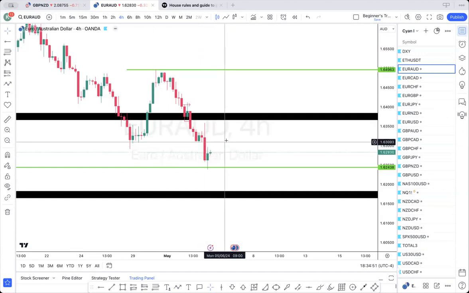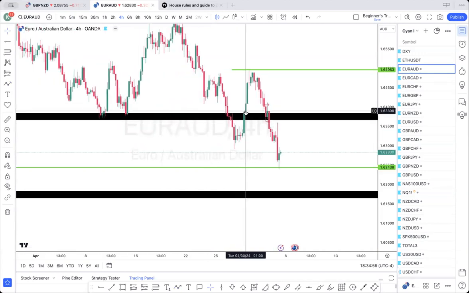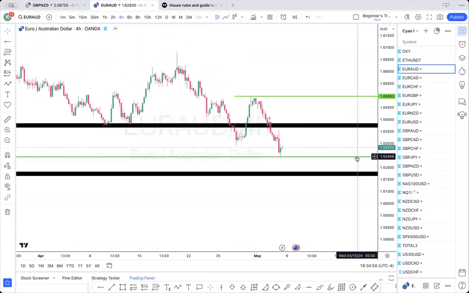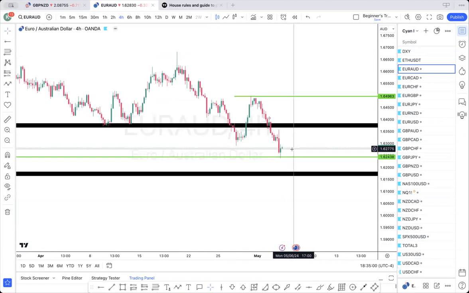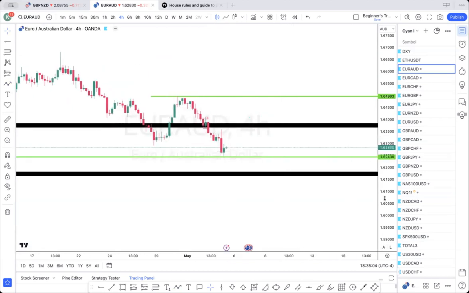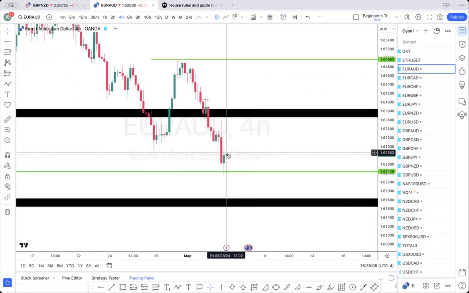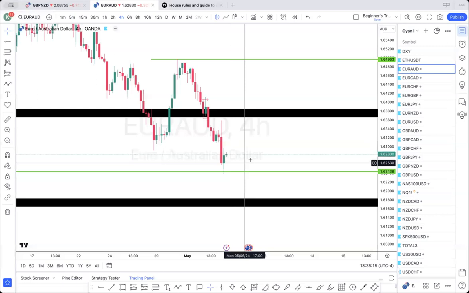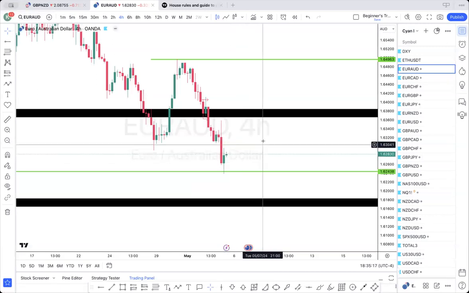So this is probably about to at least push back up to here. That's how the day ended on this 4-hour candle. So yes, I would be looking for the structure to be made somewhere here next week. And then you can buy it up at least 100 pips.